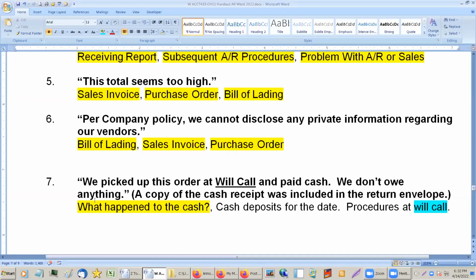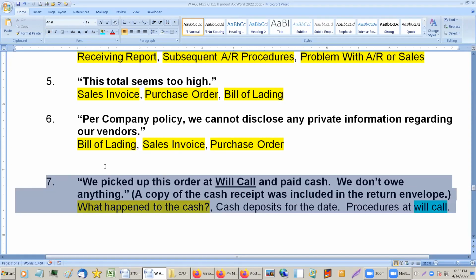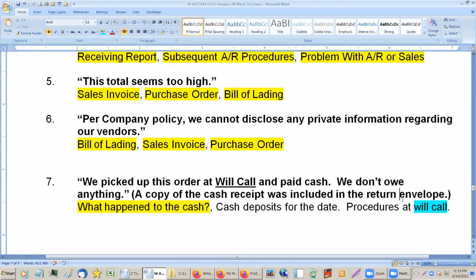But by the way, this is one of the reasons why you do these. This is a good example of why we send out these accounts receivable confirmations.